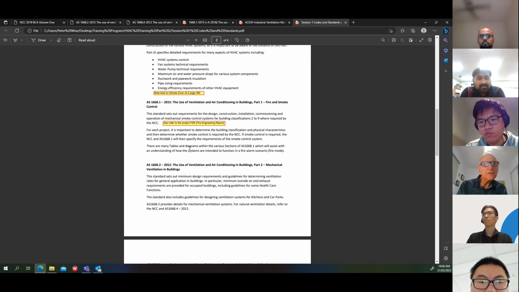So if the NCC says that you must have a pressurization system, for instance, in a multi-story building, and look, this is just off the top of my head, it's not necessarily going to happen, but it says you've got to have zone pressurization. The fire engineer might say, well, actually, we don't need to do that because we've done something else.